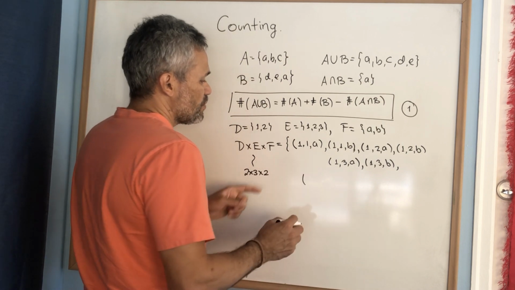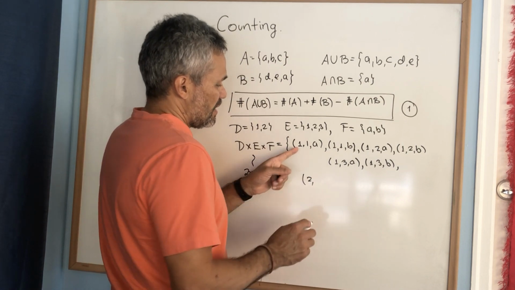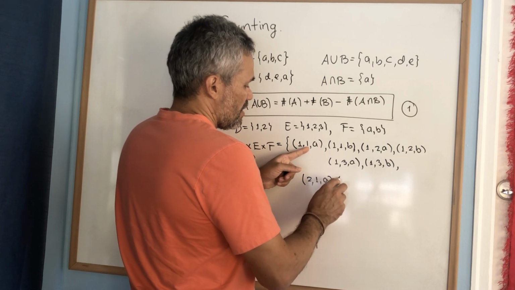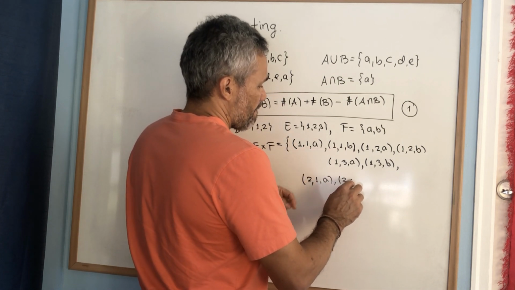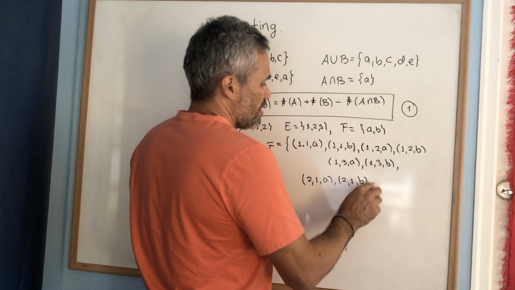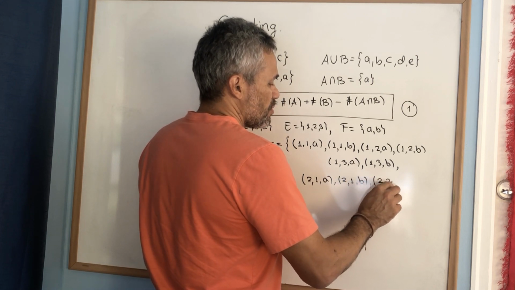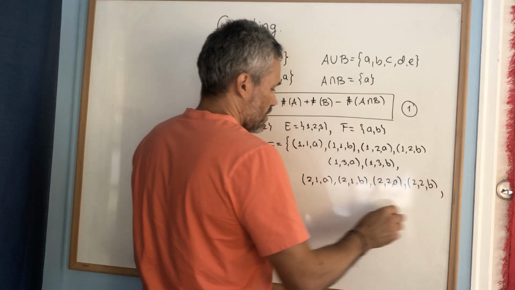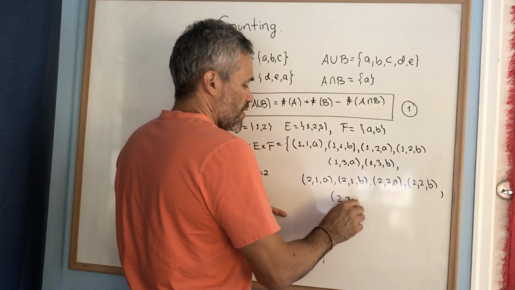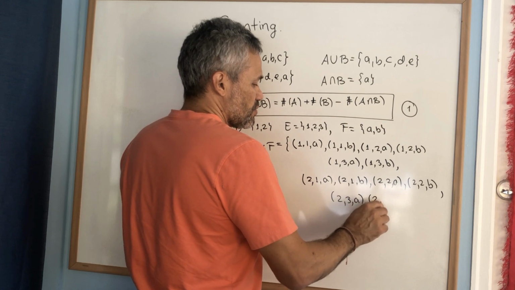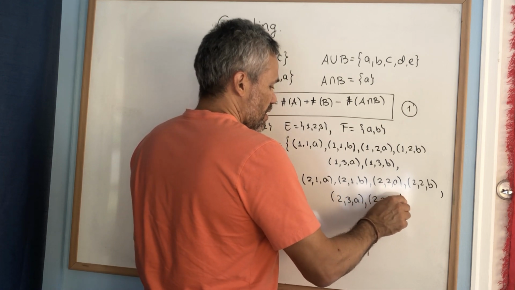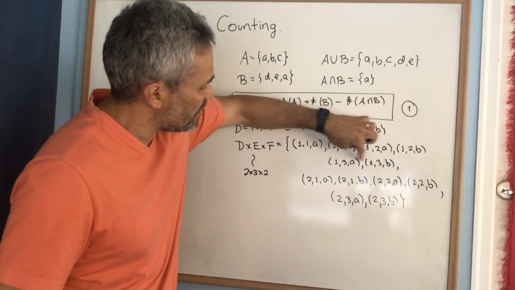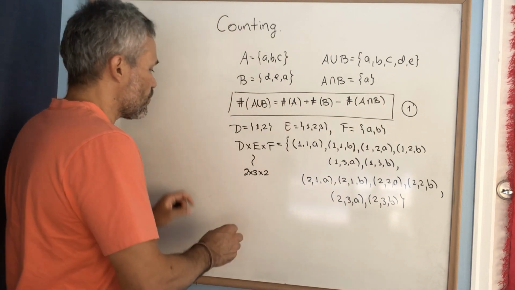But then we have to do the same, starting with 2. Then we have (2,1,A), (2,1,B), (2,2,A), (2,2,B), (2,3,A), and (2,3,B). And this is the Cartesian product, and in this case we have 6 and another 6, which is 12.